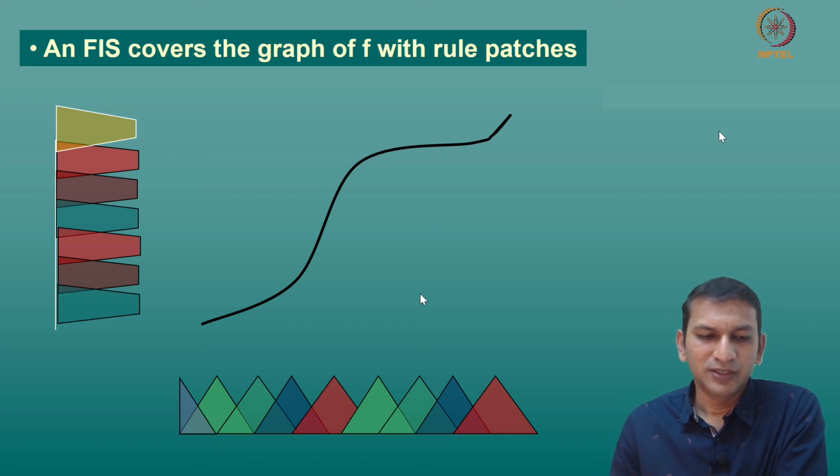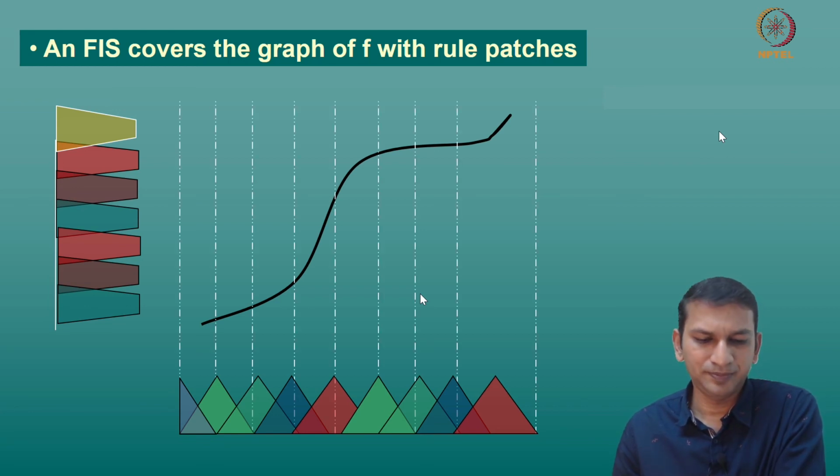What is our first point? So now let's look at the supports of the input fuzzy sets, or the fuzzy covering that we have on the input set X. This is the fuzzy covering that we have.